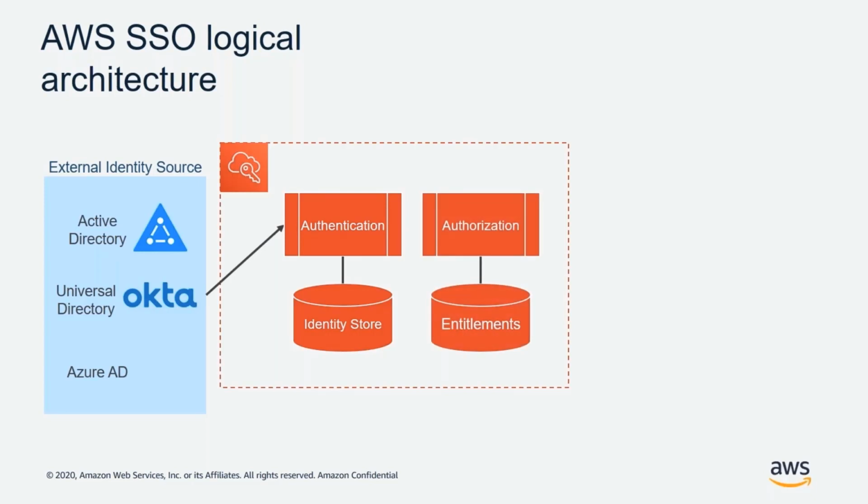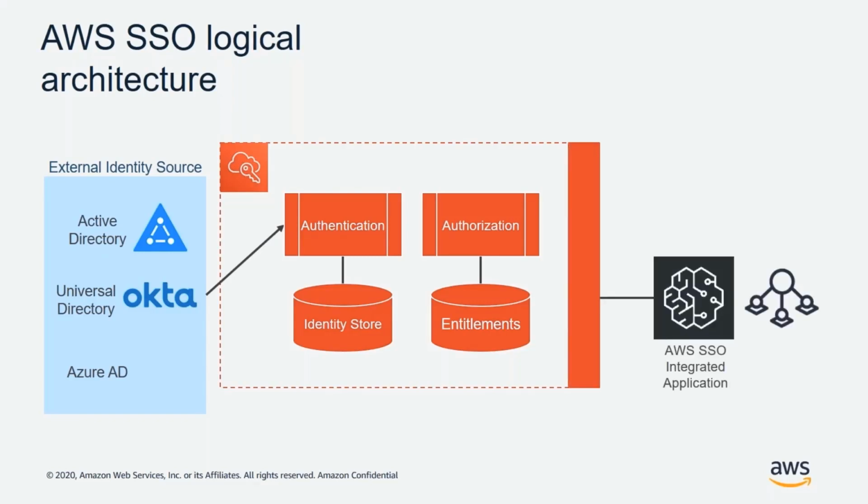Next, SSO has an authorization system where you create entitlements that determine which users and groups can access which accounts and applications. AWS SSO also has an interface that enables AWS created applications to use AWS SSO as its authentication service and a user directory.